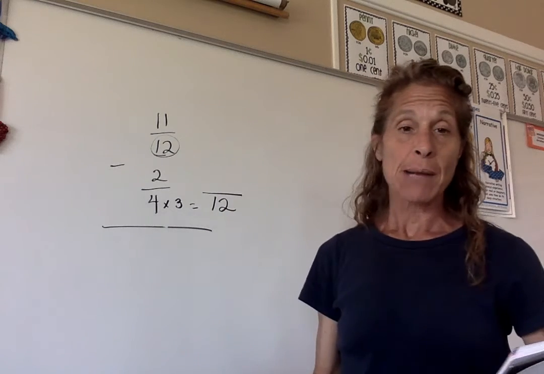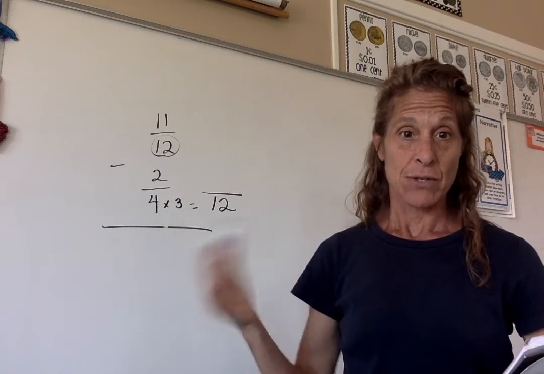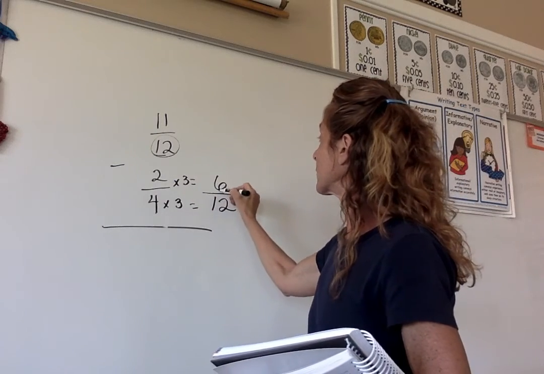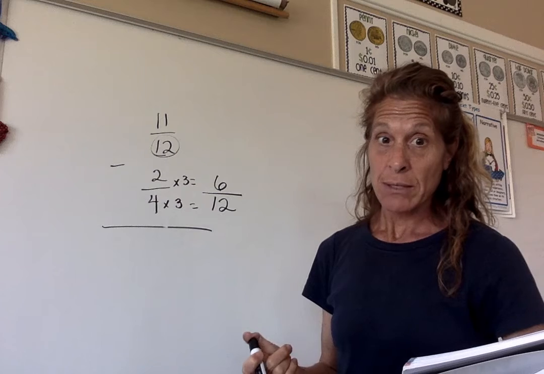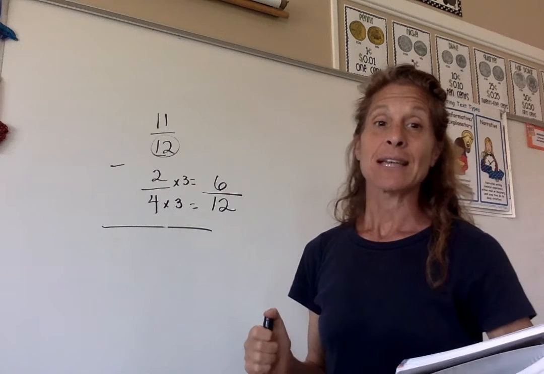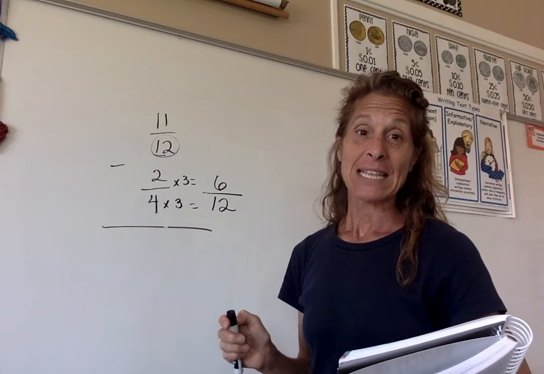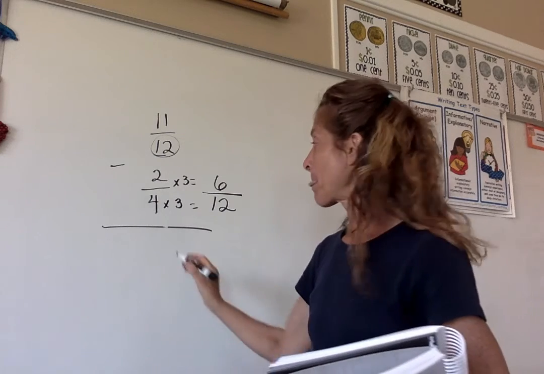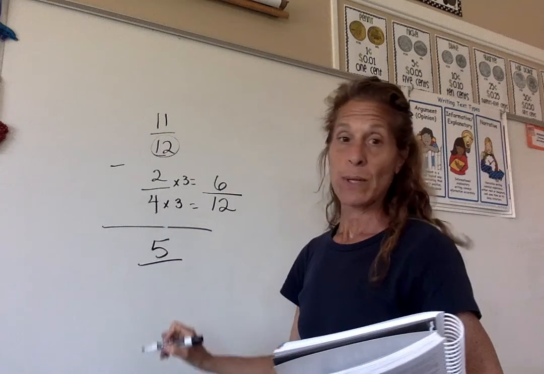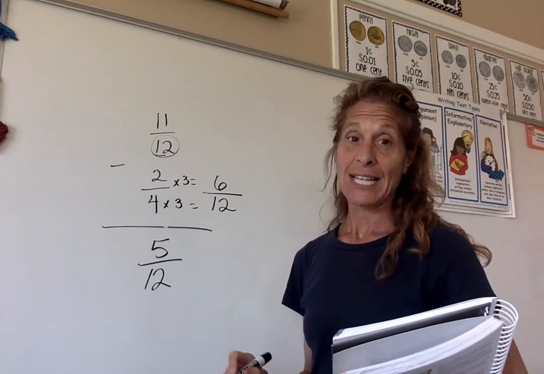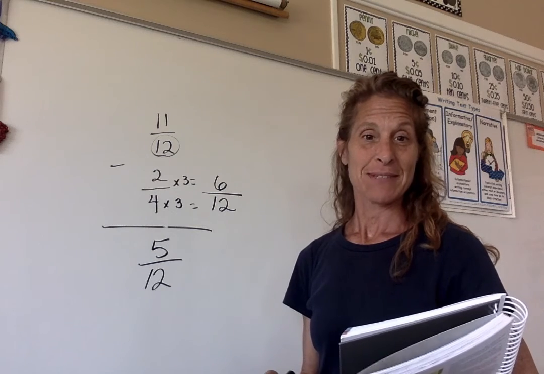Now, whatever I do to the bottom, I have to do to the top, vice versa. Now, my new subtraction equation is 11/12 minus 6/12. What is 11 take away 6? What's my common denominator? What's my final answer? 5/12.